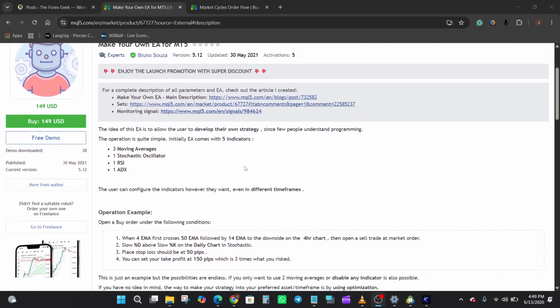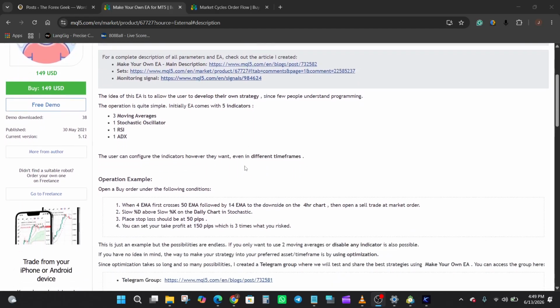Now, moving into the features section, the EA comes with 5 indicators built in by default. These include 3 moving averages, 1 stochastic oscillator, 1 RSI, and 1 ADX. One of the interesting aspects here is that the indicators can be configured in different ways, including using different time frames.